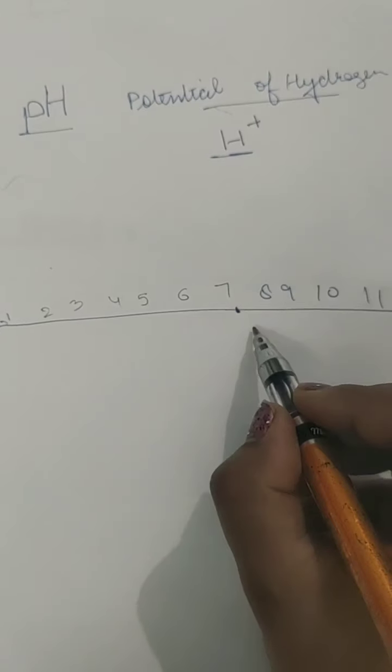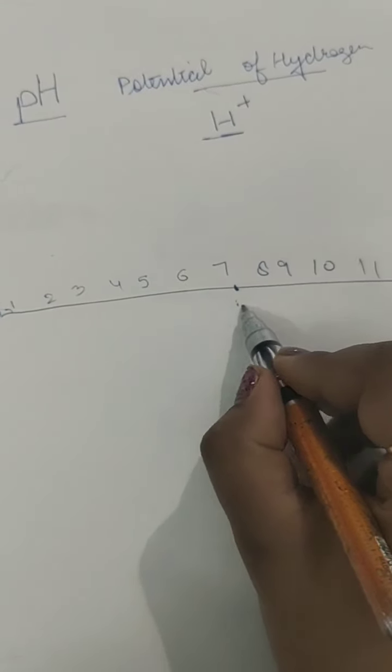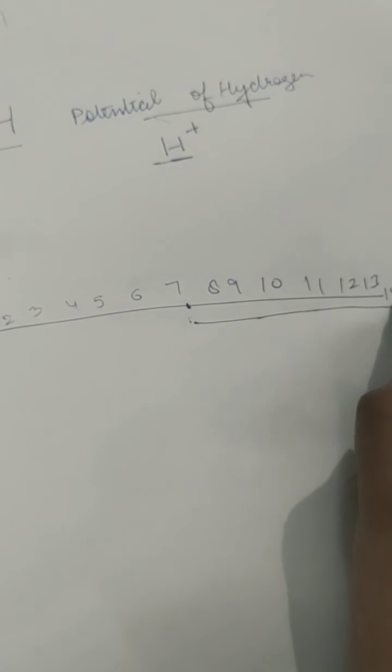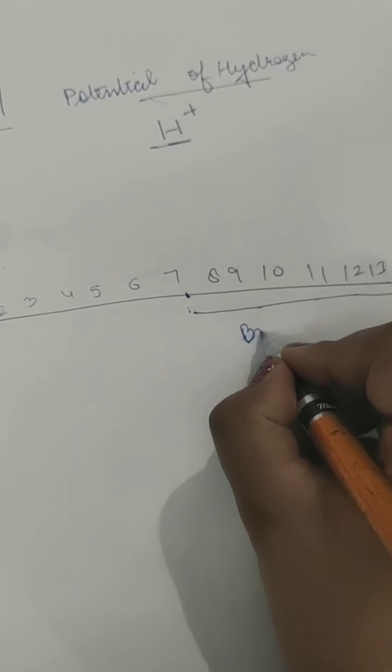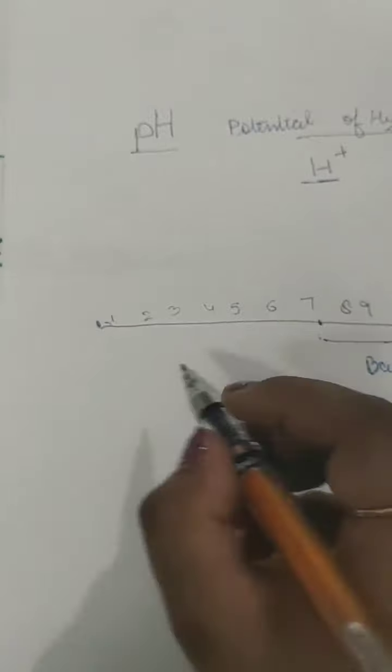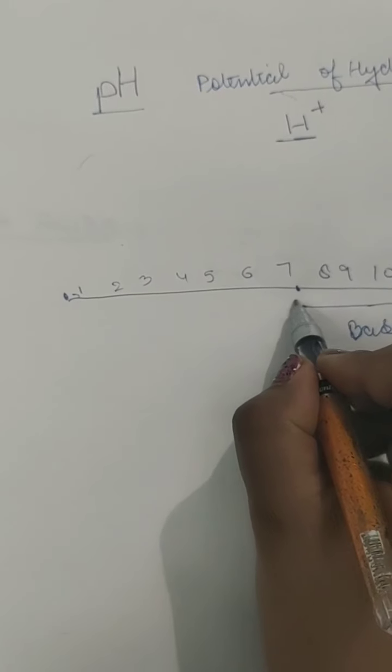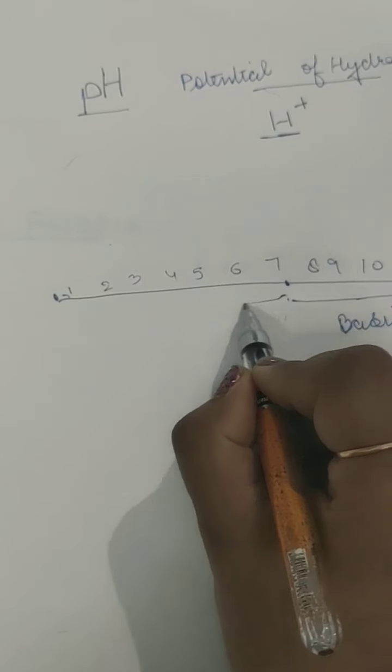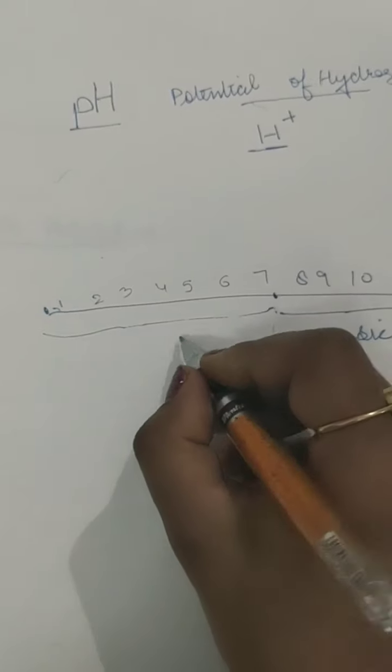When we move from 7 towards 14, it is basic or alkaline, and when we move from 7 down towards 1, it is more acidic.